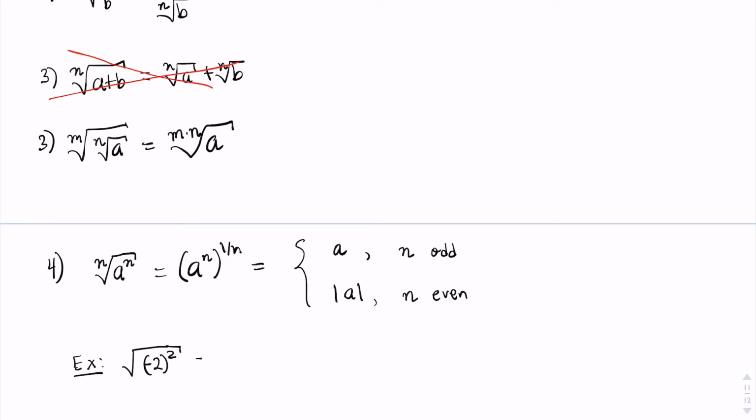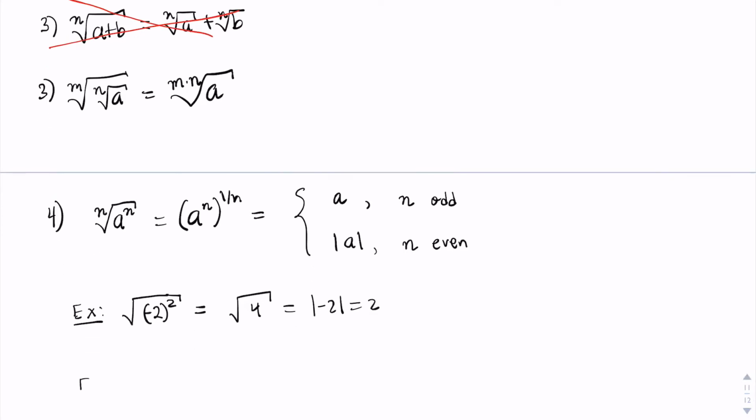Well, negative 2 squared will give you positive 4. So this is the square root of positive 4, and the square root of positive 4 will give you 2, which is the absolute value of negative 2. How can you get negative 2 from a square root? You can't.